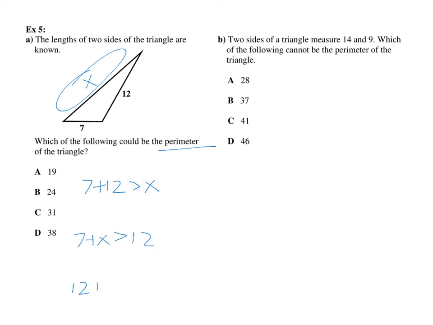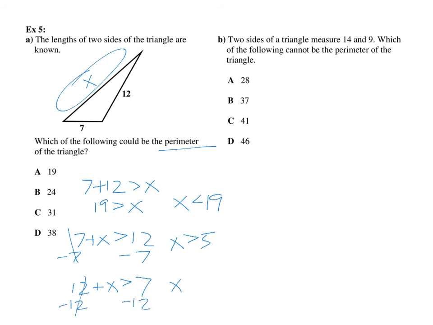I have 12 plus x is greater than 7. All right, so here I have 19 is greater than x, or x is less than 19. Here I subtract 7, and x is greater than 5. Subtract 12.